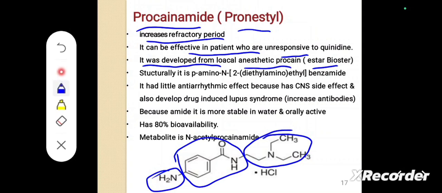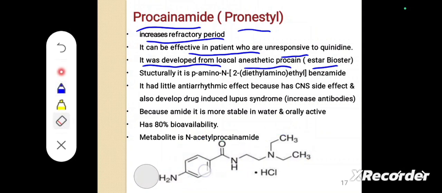The IUPAC name of this structure is para amino N-2-diethylaminoethyl benzamide. It has little antiarrhythmic effect because it has CNS side effects, and it can develop drug induced lupus syndrome, which is a side effect. Increased antibodies are a side effect of procainamide.